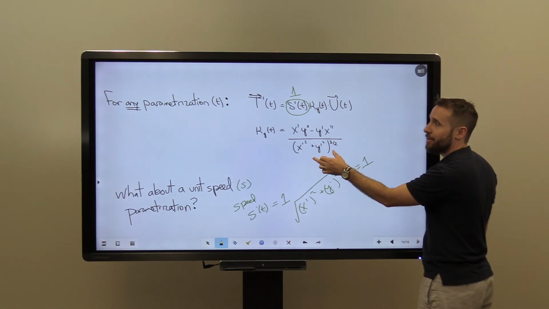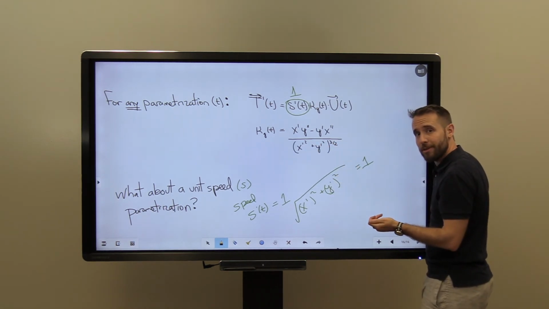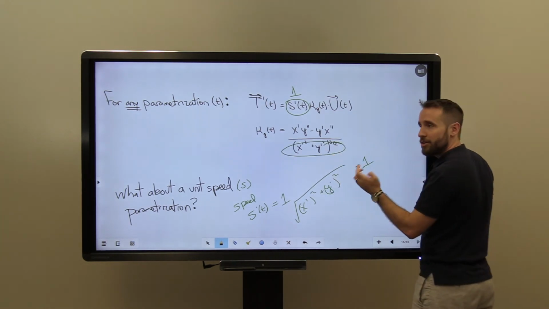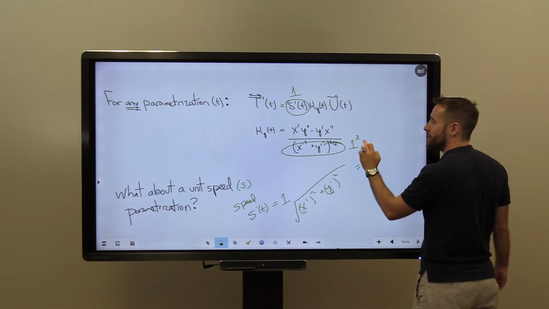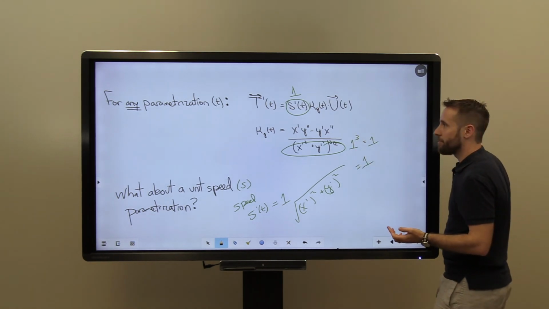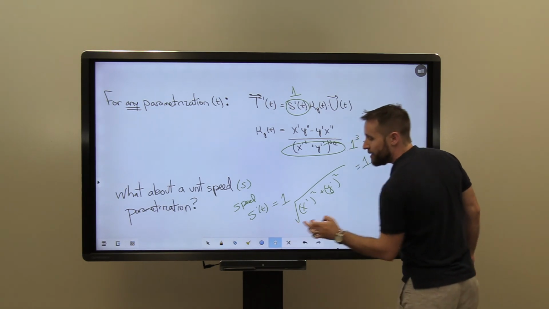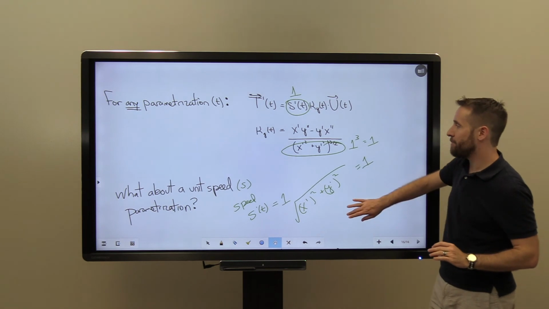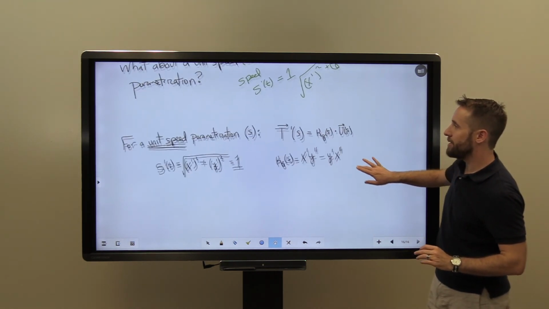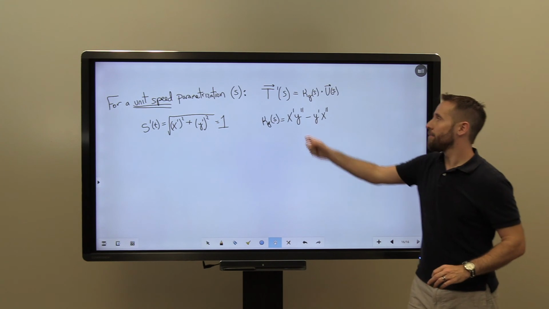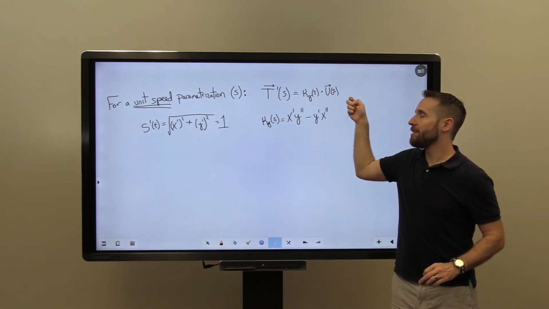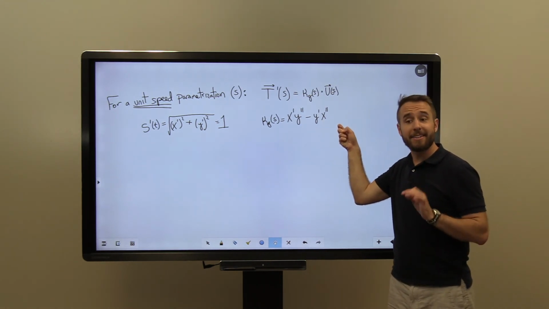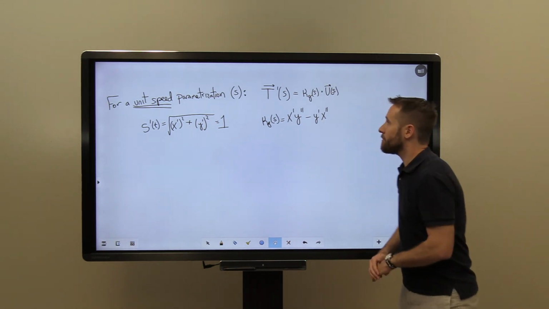I should say the denominator is equal to this quantity cubed. So in a unit speed parameterization, this whole thing just becomes 1 cubed, which is 1. So it turns out under a unit speed parameterization, both equations simplify remarkably. And what we get is, for a unit speed parameterization, the curvature is determined implicitly by this formula, and it's determined explicitly by this formula. That entire denominator just became a 1.